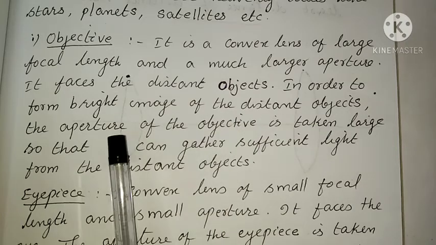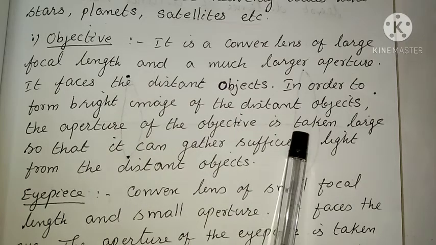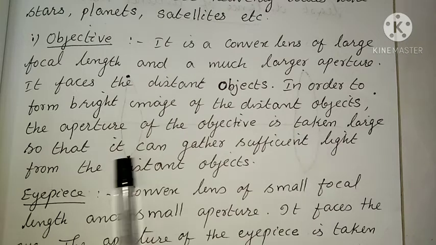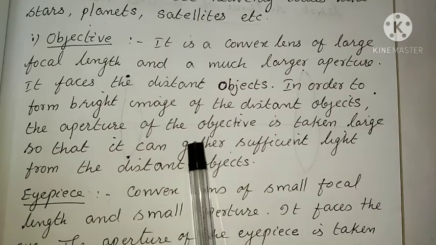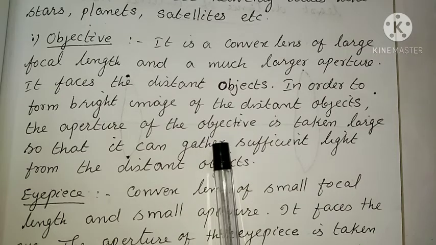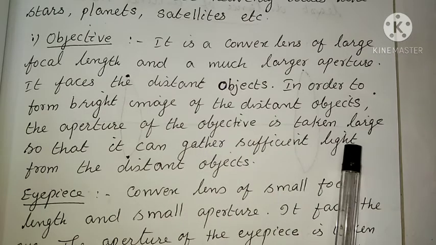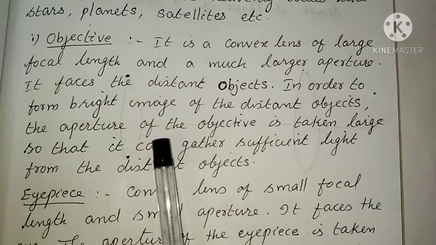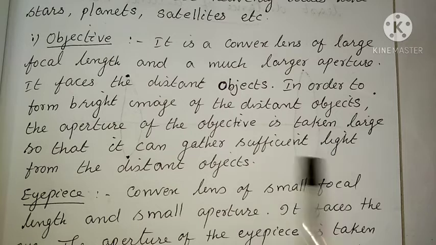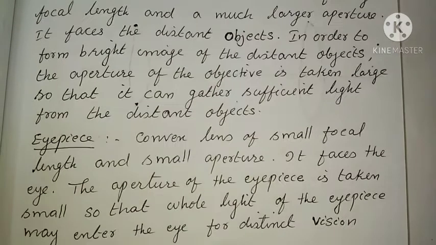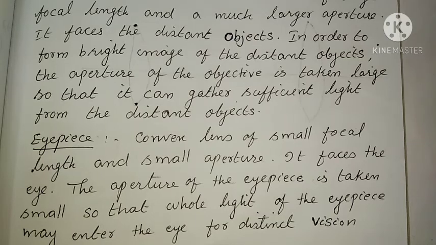In order to form a bright image of the distant objects, the aperture of the objective is taken large. So, one question: why is the aperture of the objective taken as large? What is the answer? In order to form the bright image of the distant objects, so that it can gather sufficient light from the distant objects.